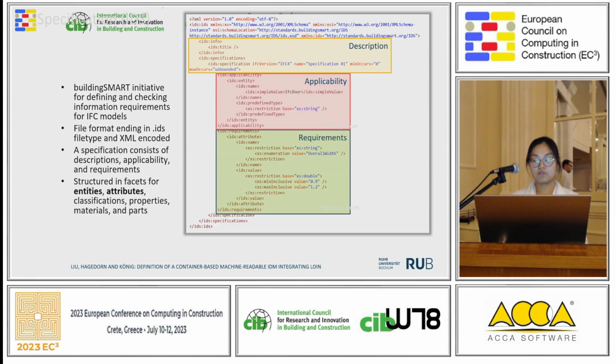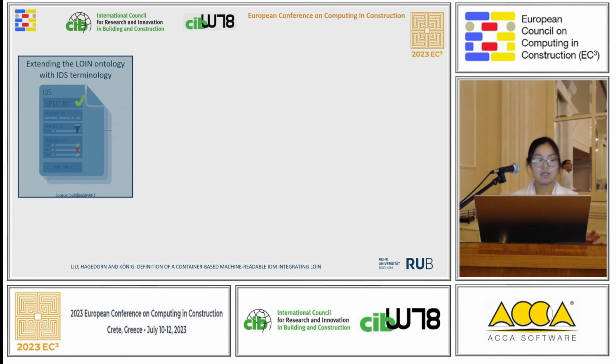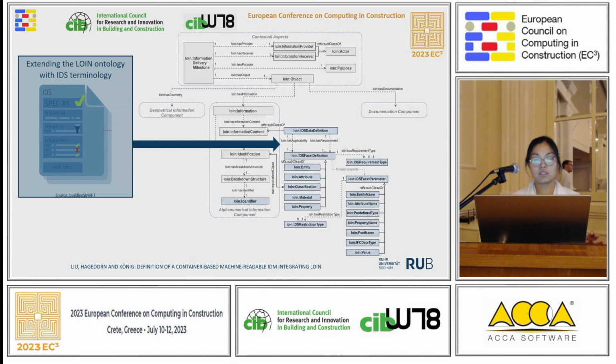The extension of the ontology integrates the IDS terminology into the alphanumerical information. This slide shows that the blue-colored terms are the extension of the classes and properties considering the IDS. An IDS specification can be defined using the class IDS data definition.